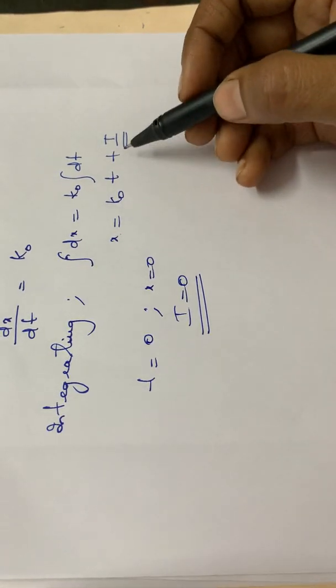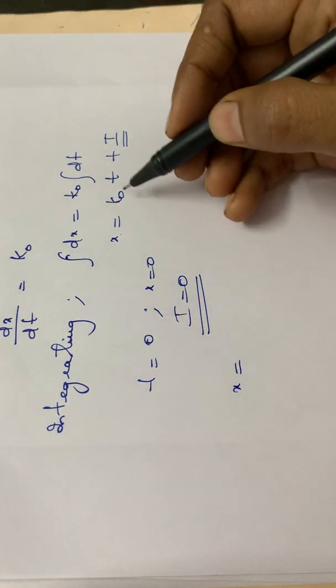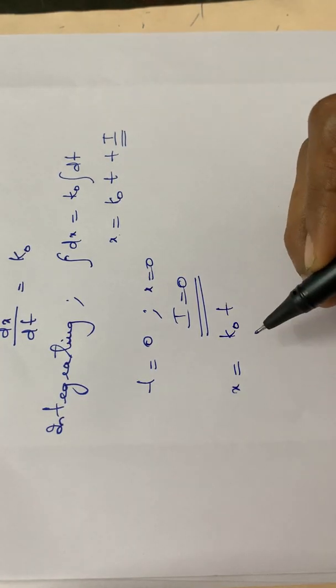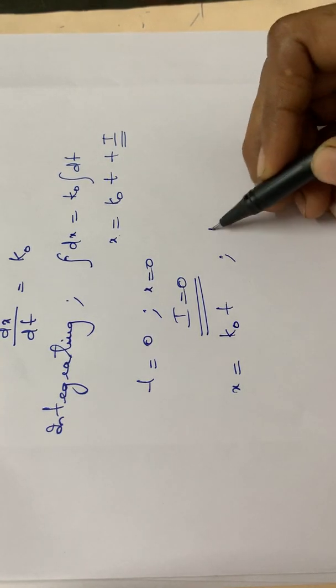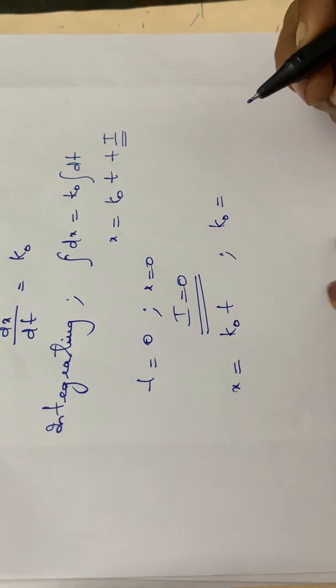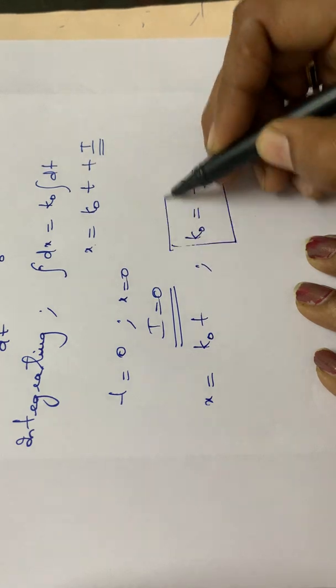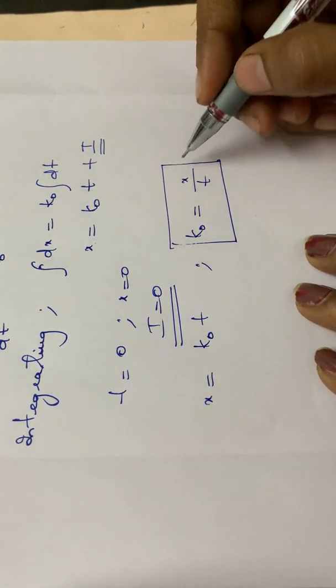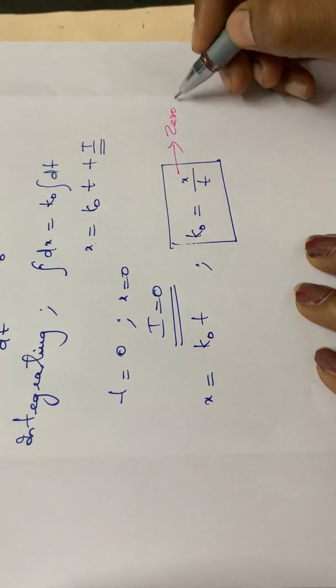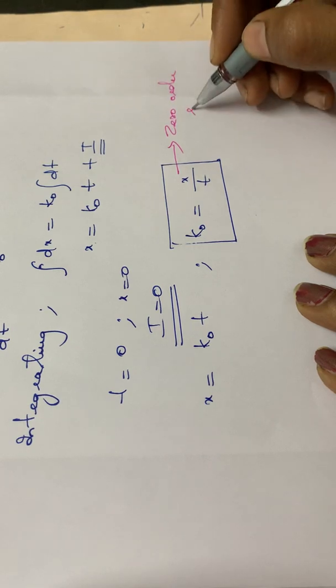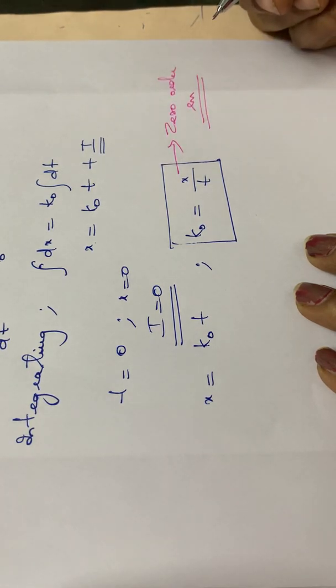So this equation becomes x is equal to k0 t, or k0, that is the rate constant for a zero order reaction, is equal to x divided by t. So this is the integrated rate expression for a zero order reaction.